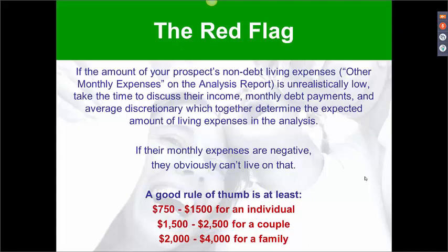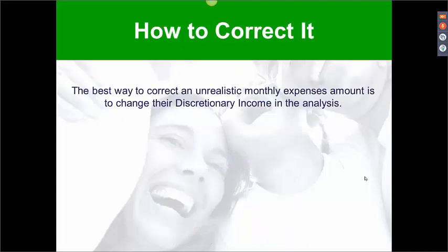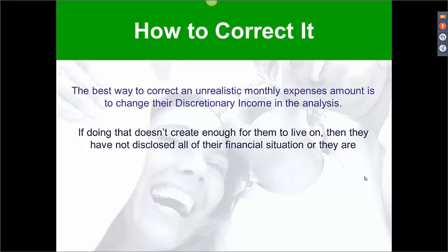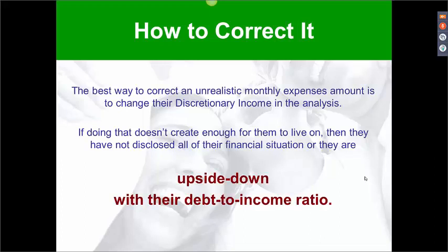This is a recorded presentation, so you can go back over this information. I'm just giving you some highlights. So how do you correct this? If doing that doesn't create enough for them to live on, then they have not disclosed all of their financial situation, or they are upside down with their debt-to-income ratio.